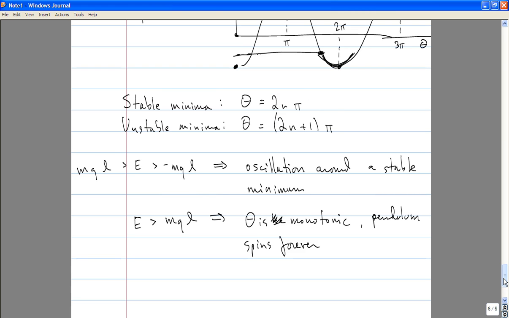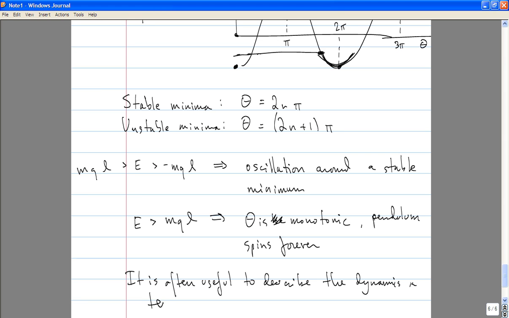So, in understanding the dynamics of one-dimensional systems, it is often useful to describe the dynamics in terms of phase space.